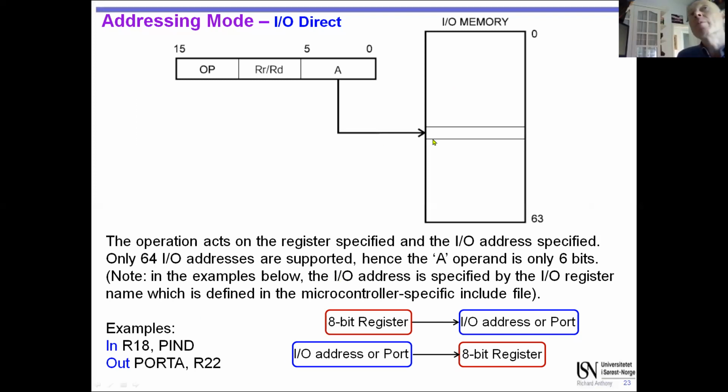So what happens here is we have an instruction. Typically, there's only two here that matter, in and out, because we can only really swap from I/O memory into registers or from registers into I/O memory. So it's a two-way thing. Here, if this is in, you've got to remember, this is from the perspective of the microcontroller core, like the CPU.